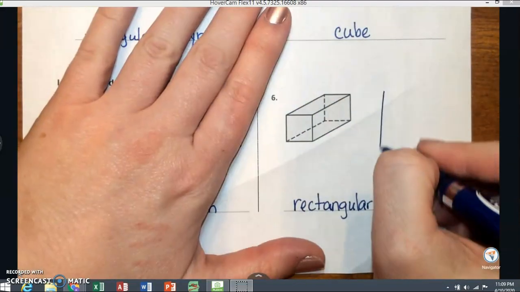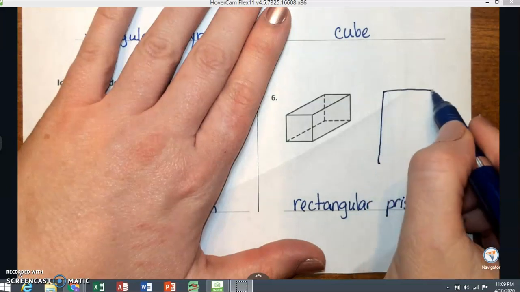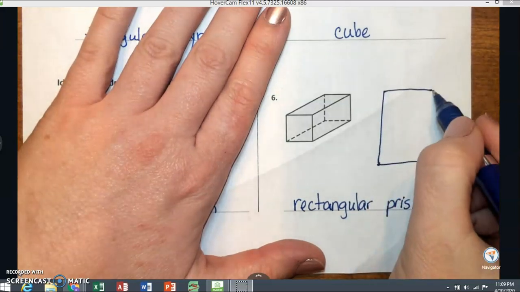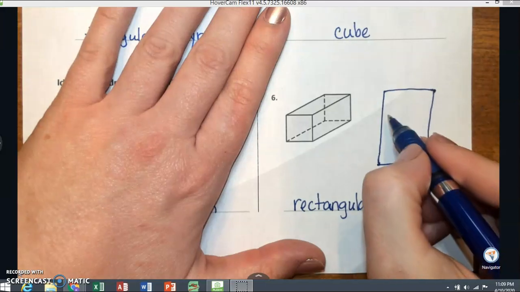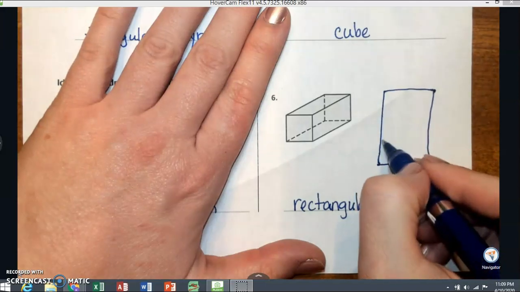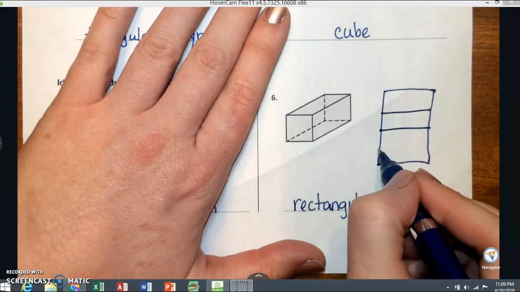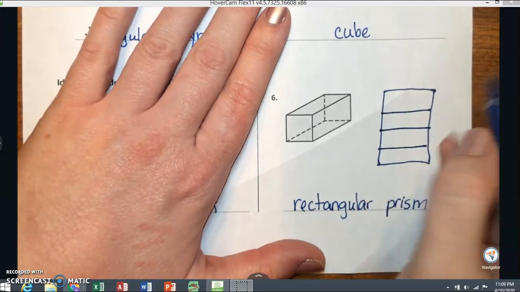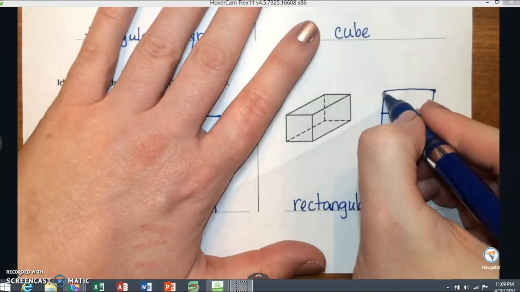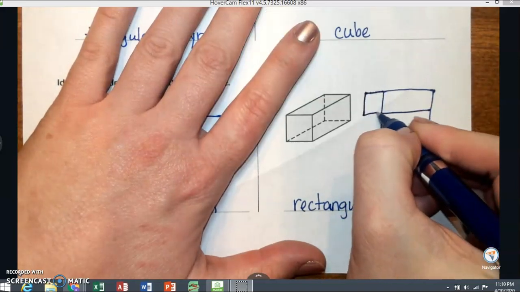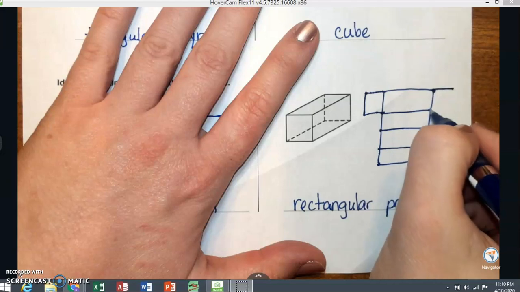I'm going to go ahead and draw the rectangles. And they're all the same size if you can draw them to scale. But if you can't, don't worry about it.